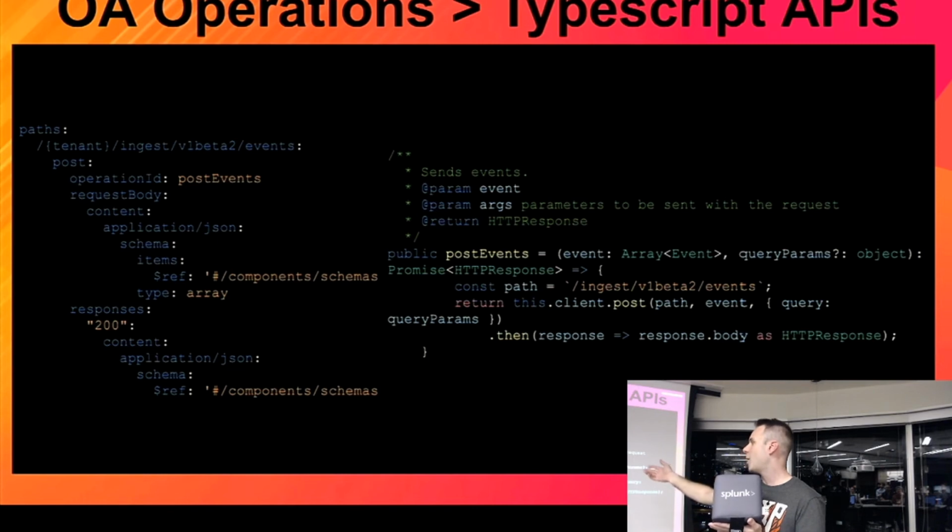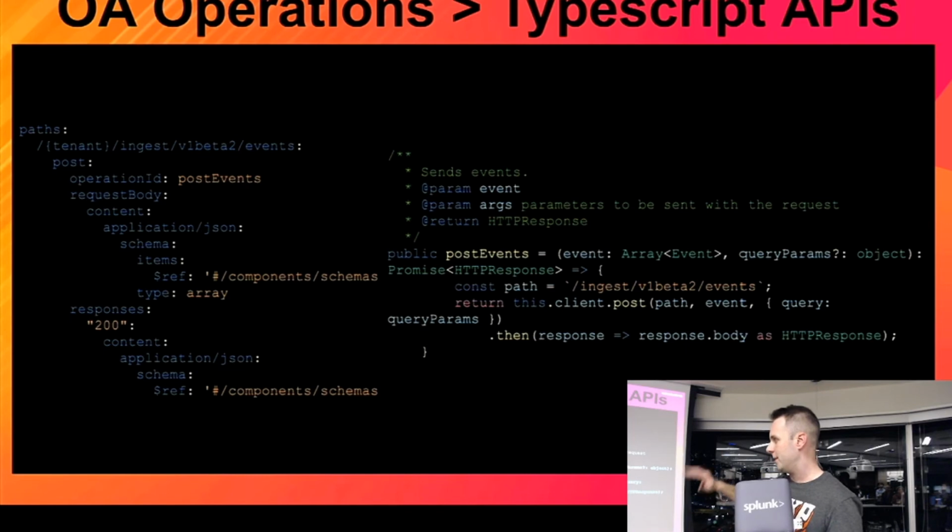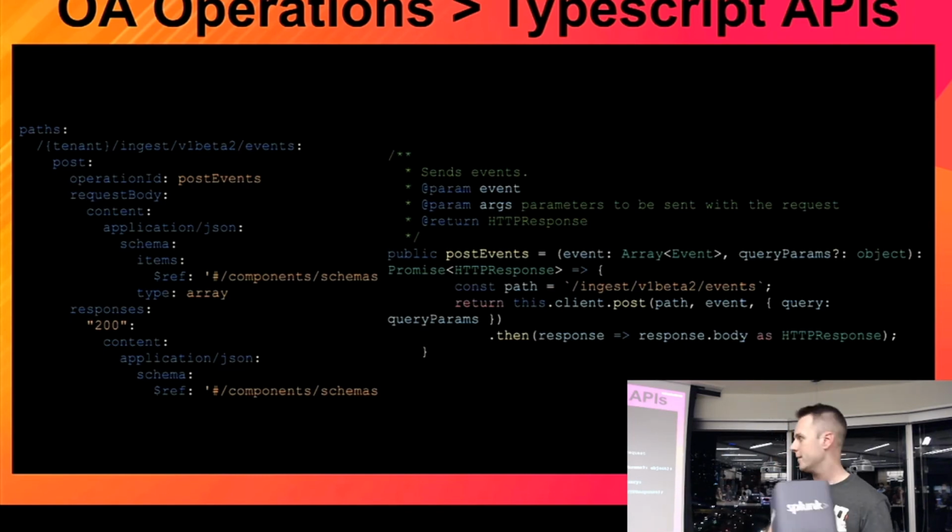It gives you back a promise for an HTTP response. And all we need is the path. So this is all generated. In our mustache templates, we define all of this logic. It's just taking the very easy to form HTTP concepts and putting them in the form that our client expects, that we designed.